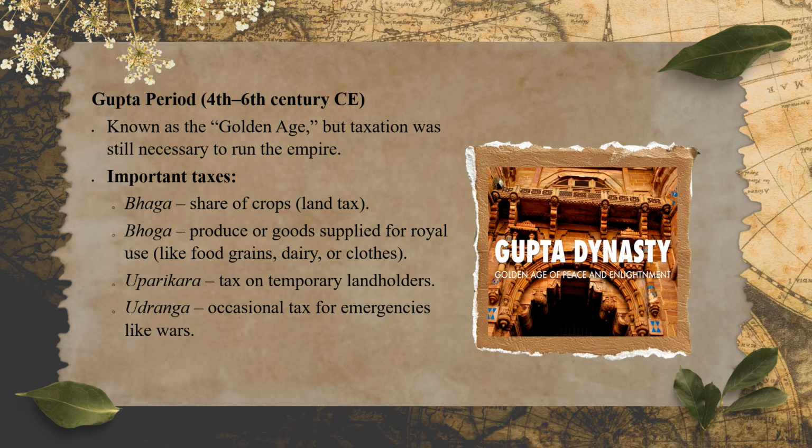The important taxes were Bhaga, which was a share of the crops, what we call popularly as the land tax; Bhoga, which was produce or goods supplied for royal use, like food grains, dairy, or clothes; Uparikhara, tax on temporary landholders; Udranga, occasional tax for emergencies like war. So in case of war, a special tax was collected from the people because of war expenses.